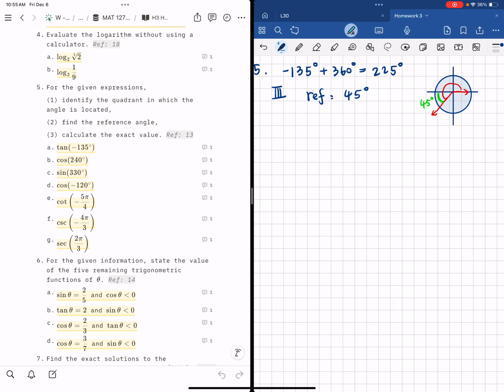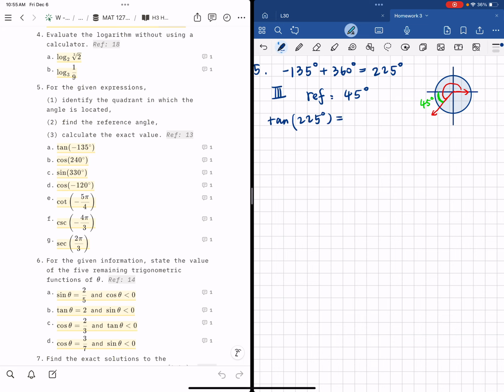And then what's next? Calculate the exact value. You could just use the unit circle. Tangent of, you could either do negative 135, or since I converted to 225, I'm going to do 225.